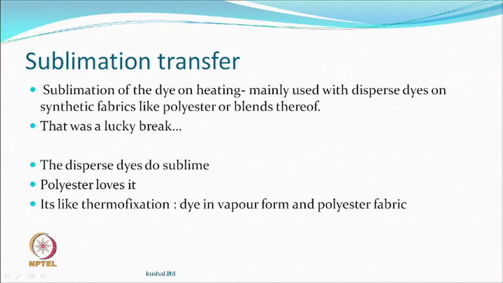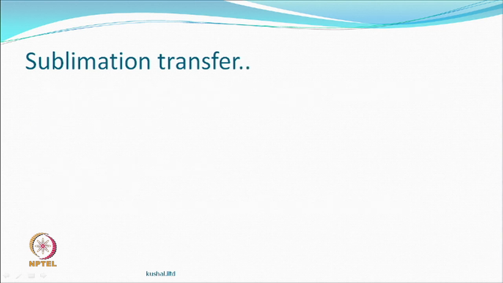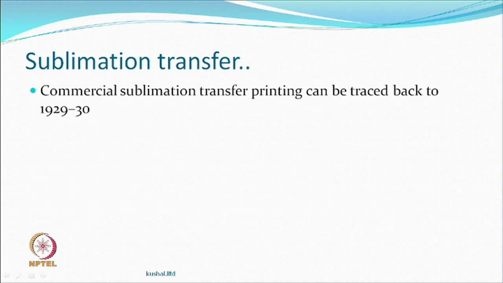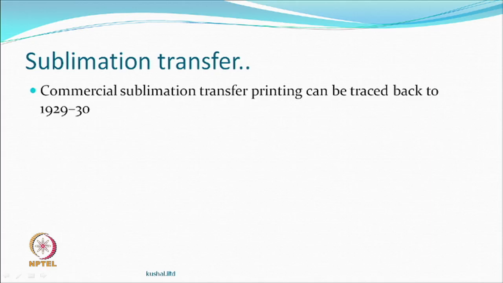So, I said the dye is in a vapor form, which means molecular form, and the polyester fabric is really in a receptive form. This is not a concept that was understood only after polyester was developed. People had been thinking about it as early as the 1930s, whether something could be done, but obviously it took time.